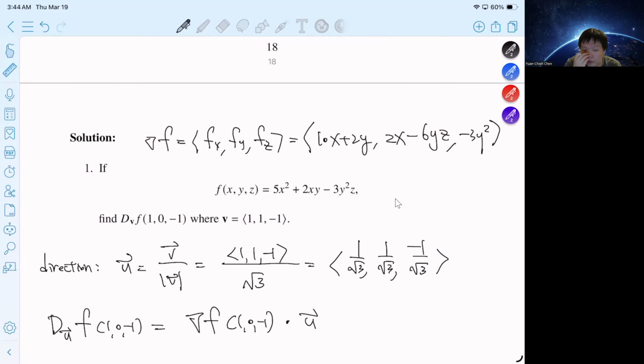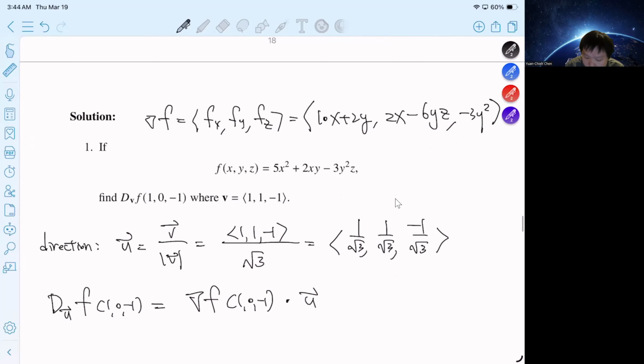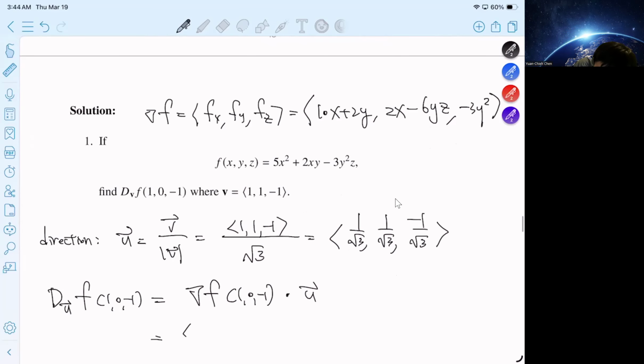Now we just plug into the gradient. 10x, with x equal to 1 and y equal to 0, is 10. 2x is 2, minus 6yz, with y equal to 0, is 0, so it's 2. And -3y squared, with y equal to 0, is 0.